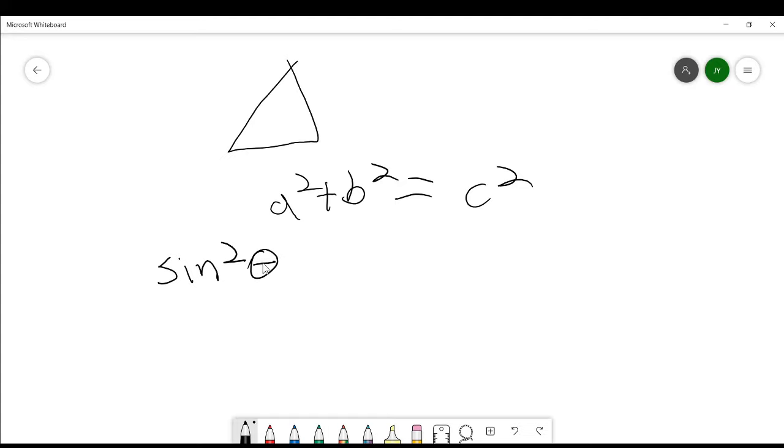By the way, theta is just an angle in radians, but we're writing it instead of x to show the fact that it's not just a coordinate.